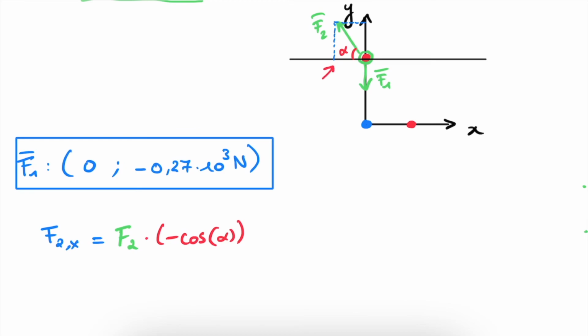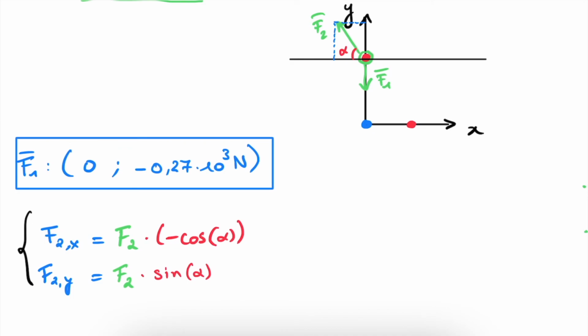Because we see clearly that the x component is in the negative x direction. And likewise, we know that the y component of our vector, F2y, is equal to, again, the magnitude of our vector that we calculated, multiplied by the sine of alpha. And this directly gives us the x and y components of our F2 force vector.